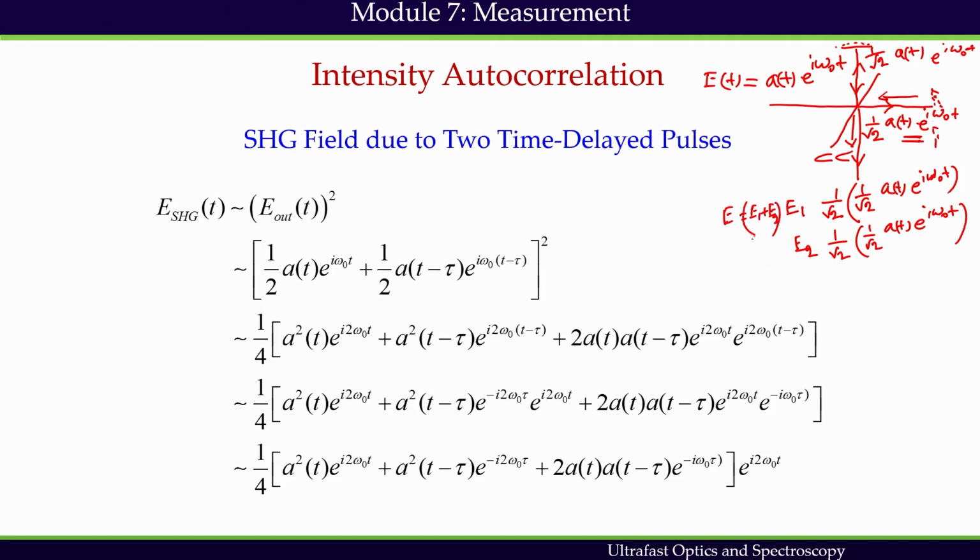Now if we introduce a delay with respect to the other pulse, instead of A(t) for the second pulse, we'll write E2 as 1 by 2 A(t minus tau), that much delay I have introduced, multiplied by e to the power i omega naught (t minus tau).